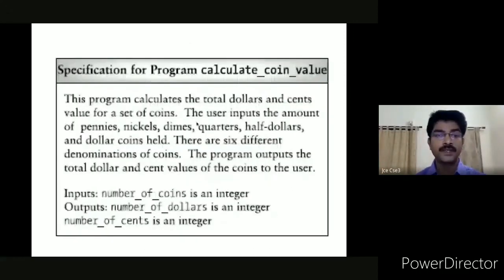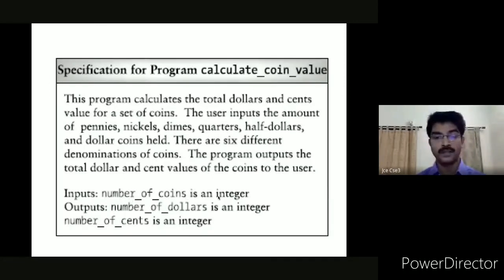This calculates the total dollars and cents value for a set of coins. I have identified 6 different denominations: pennies, nickels, dimes, quarters, half dollars, and dollars. I give them as input with a count, and the output would be the dollars and the cents. Here the variables are declared.